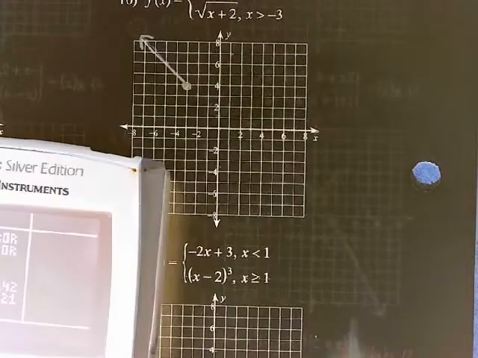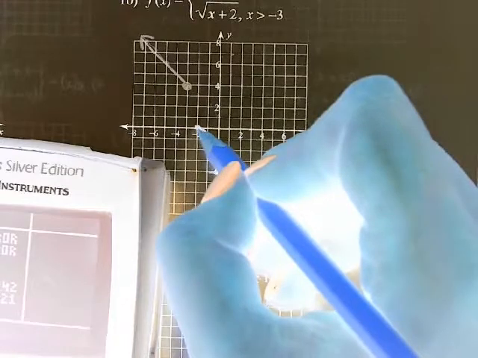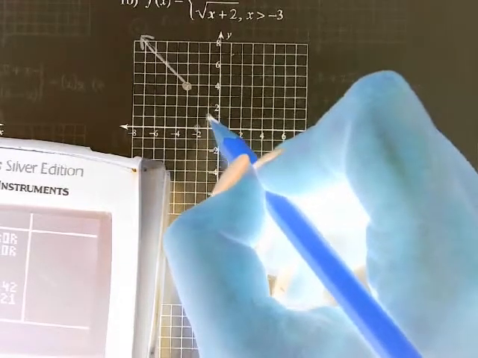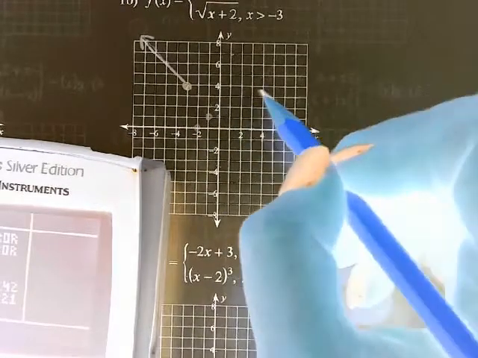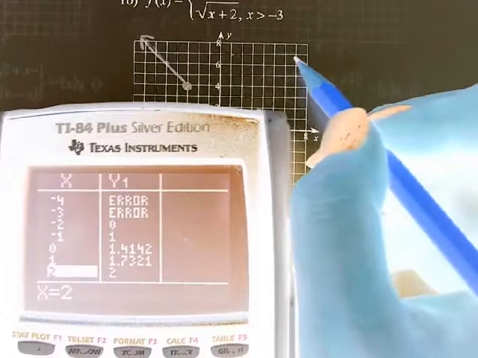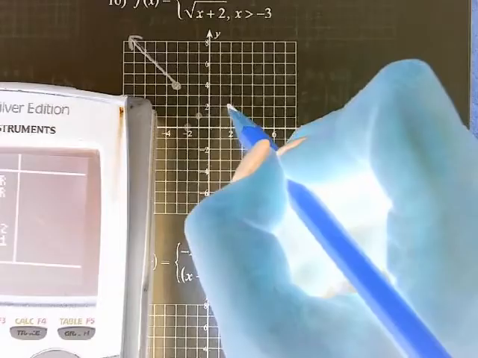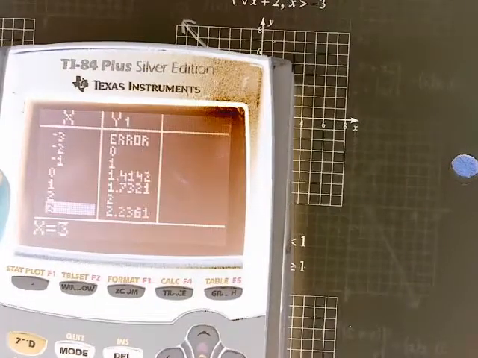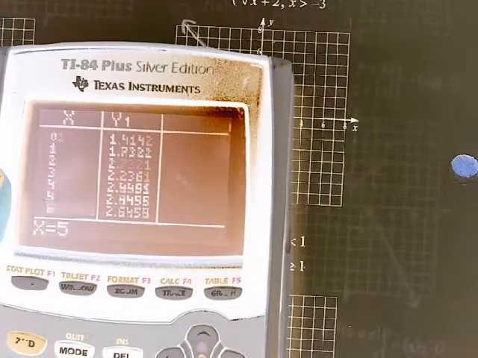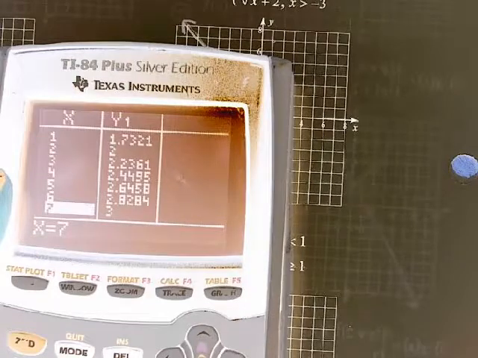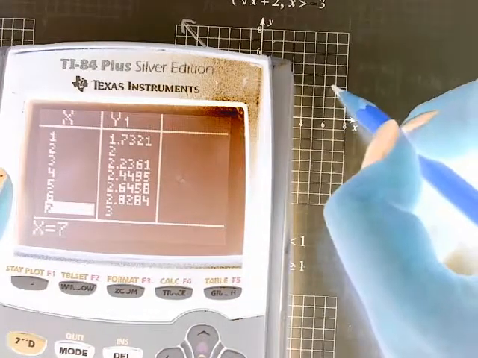For -1, I have 1. For 2, I have 2. I'm not trying to graph the decimals, just the whole numbers that I see. And for 7, I have 3.